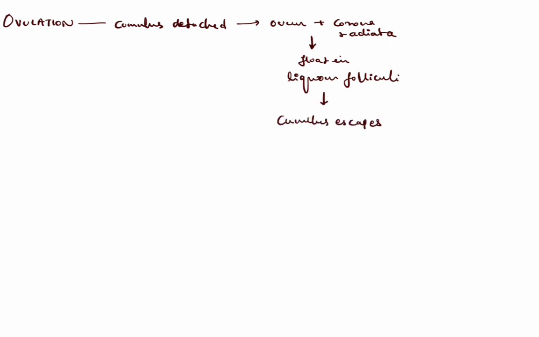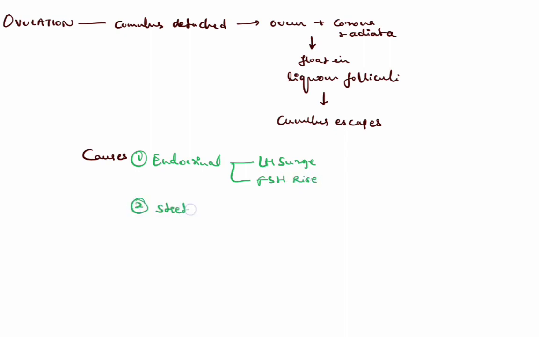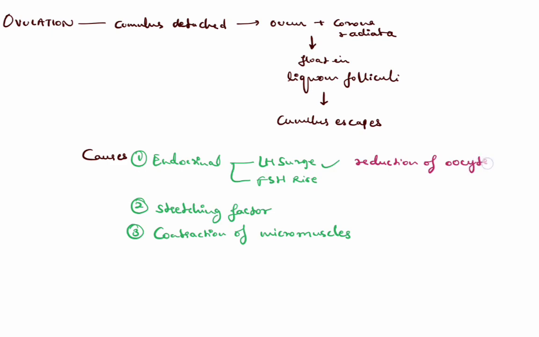The cumulus escapes because it is detached, and the causes are the LH surge and FSH rise during the endocrine period, and stretching factors and contraction of smooth muscles. The LH surge does the resumption of meiosis of the oocyte, luteinization of granulosa, and synthesis of prostaglandins.